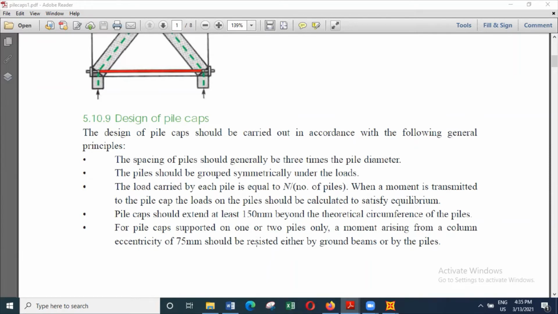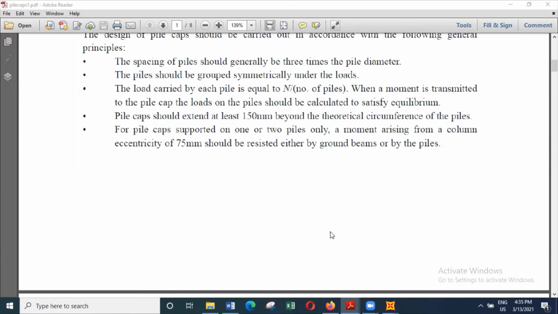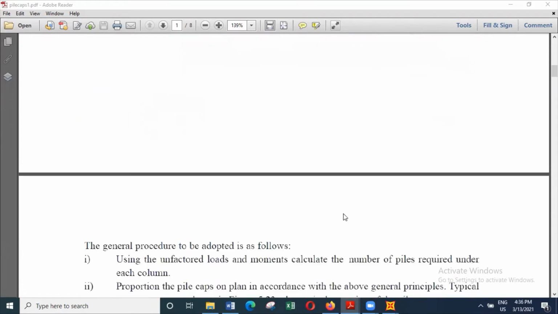And if you have single columns on single piles, then the pile should be capable of carrying the bending moment induced by a 75 millimeter eccentricity. Otherwise, you need to have ground beams that can resist this additional moment. The reason is, it's very difficult to cast piles at the exact location that you want; you will always get a slight variation in the pile locations.